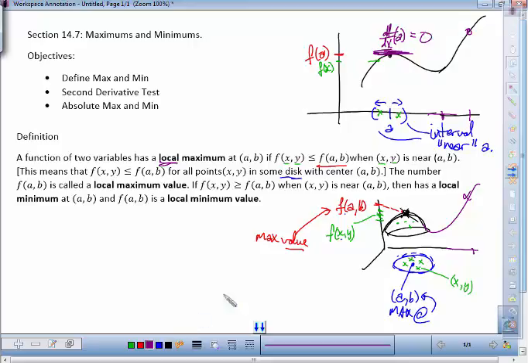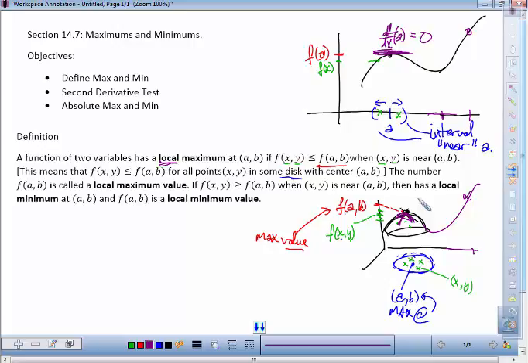Well, it's going to be the same idea over here, except we don't have just a regular derivative anymore, right? We have partial derivatives. And so all we really have is a derivative with respect to x and with respect to y. But if we take a look at the derivative with respect to x or with respect to y, what can you say about those? They should be equal to 0, right?